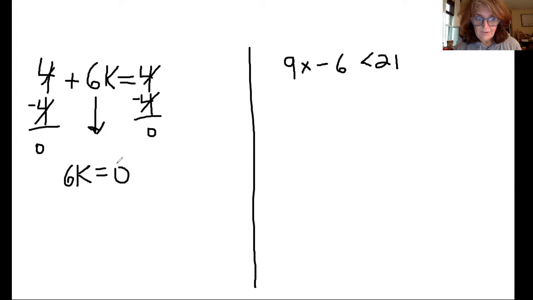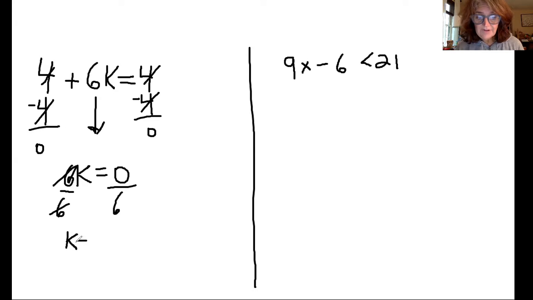And so now I'm going to try to isolate k all by itself. So I've got to divide by 6 and divide by 6 over here. And 6 divided by 6 is going to be 1. So I'm going to be left here with just k, 1k, but we don't need to write the 1.